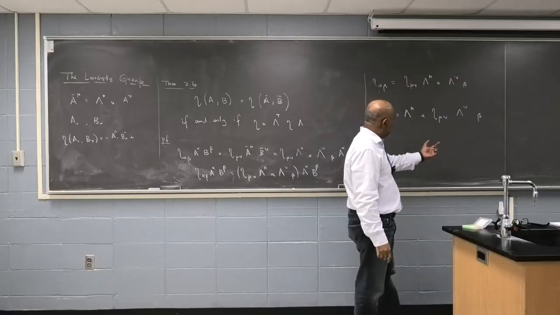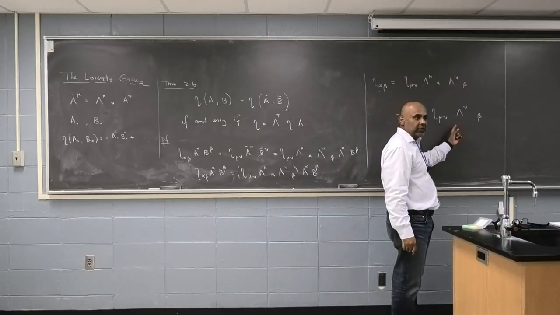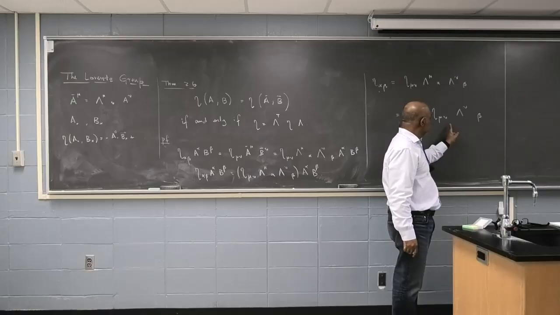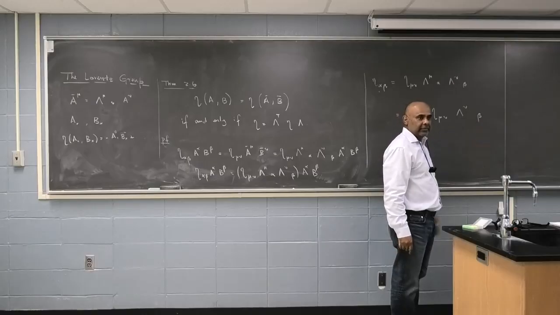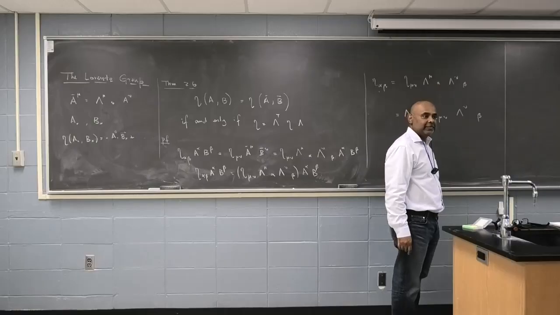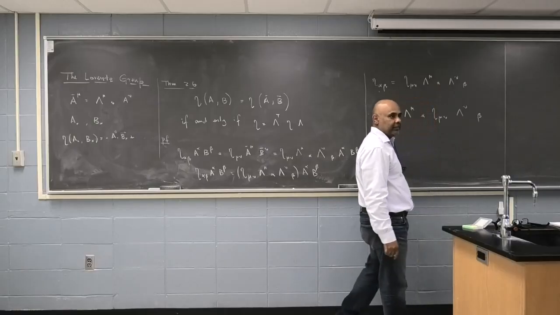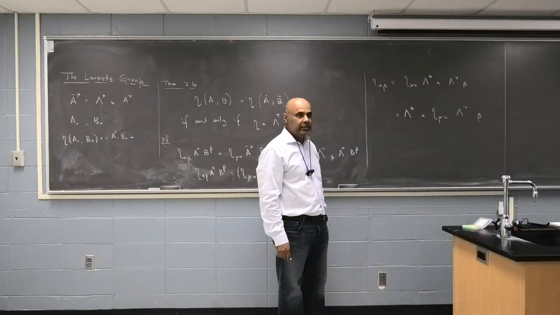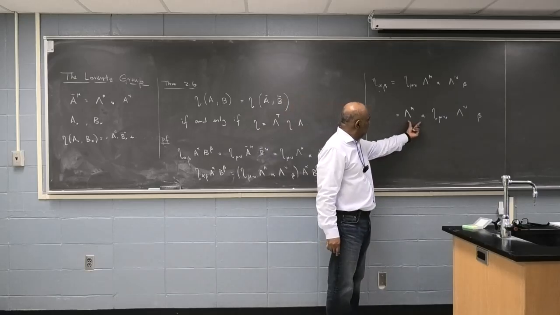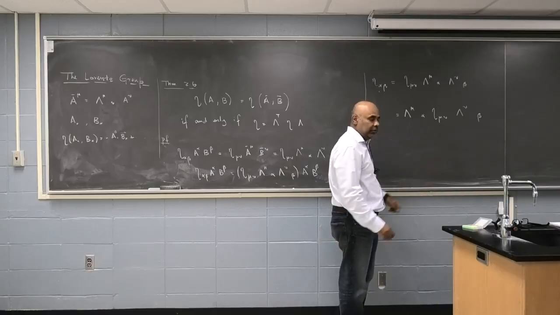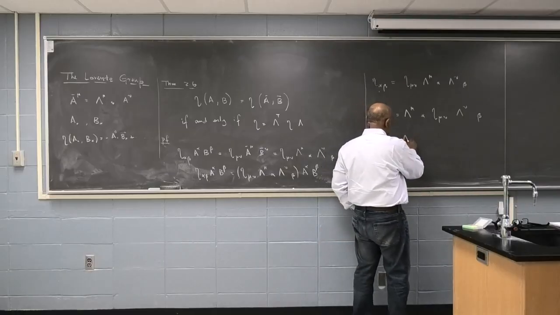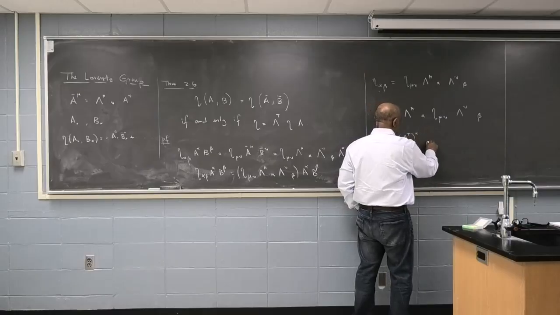Now look at this. This is matrix multiplication. How do you multiply matrices? Outer and inner. Is that clear, everyone? But look at this. This is inner and inner. So I can write this as a transpose and then replace this with alpha mu.